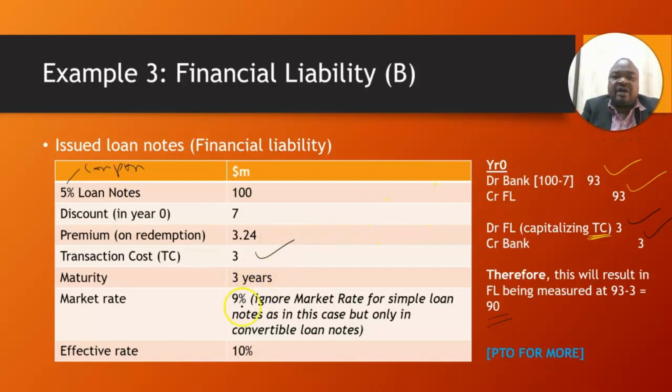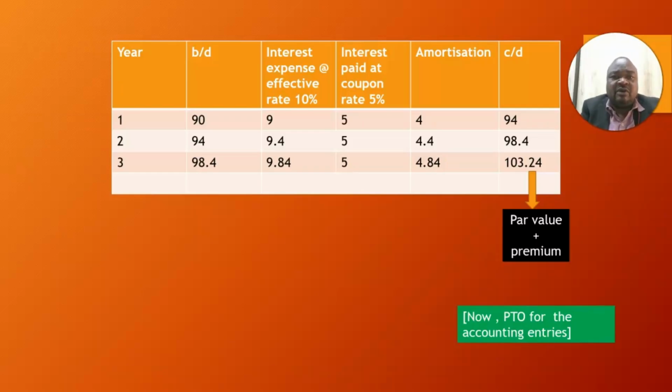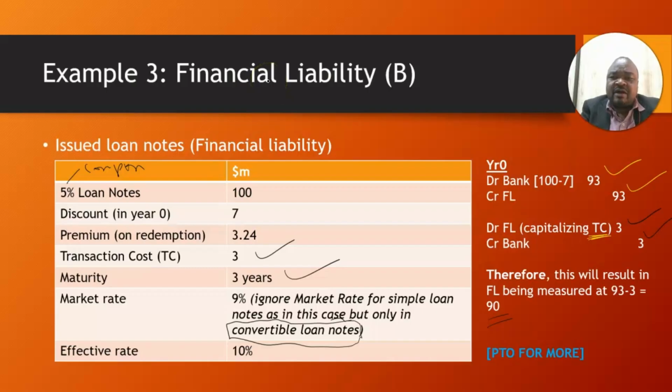So we may, for now, ignore the market rate. Okay, but if the question is about convertible loan notes, you need to pay careful attention to that percentage. Anyway, let's proceed. So the maturity of this loan is 3 years. So our amortization table should be as follows. The balance BD is 90, as we have computed here.